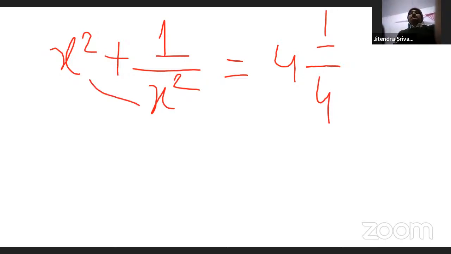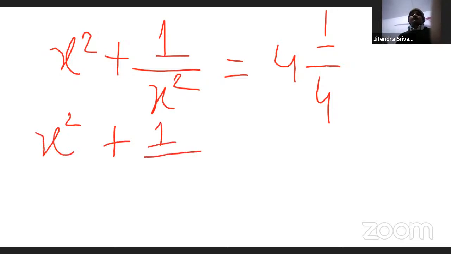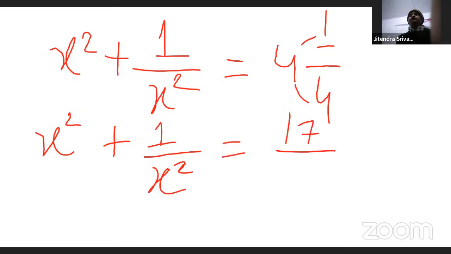Multiply this to this, x square with x square plus 1 upon x square equals 4 4 just 16 plus 1, 17. 17 upon 4.